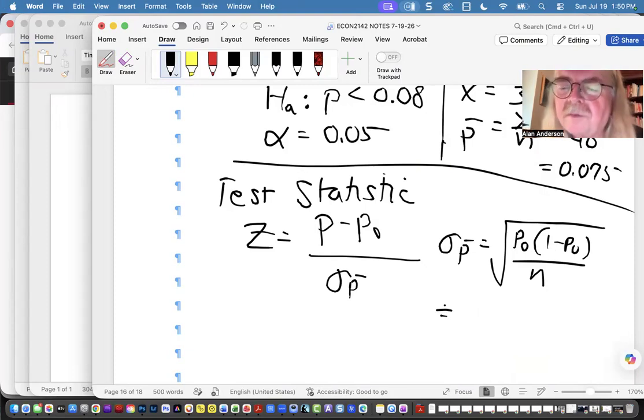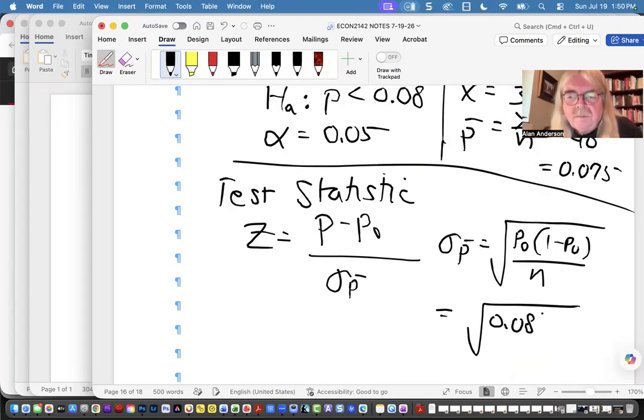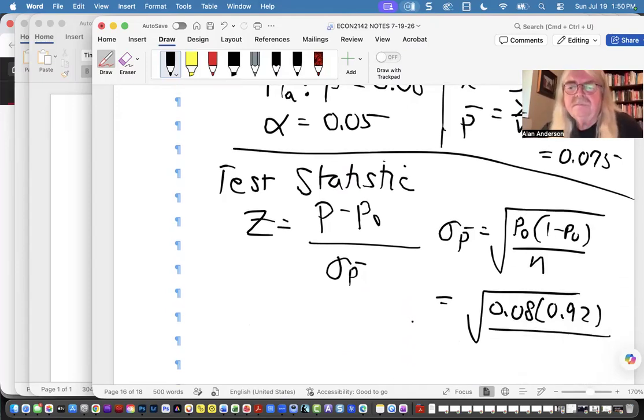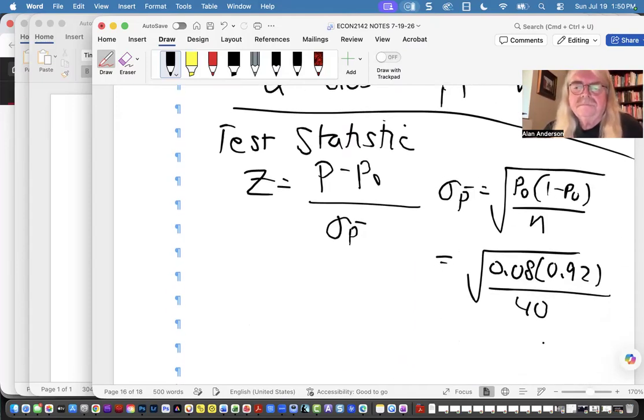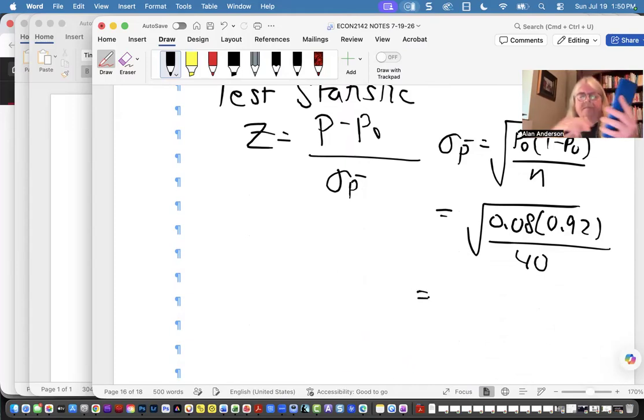All right, so remember, the hypothesized value is 0.08. One minus that is 0.92, and N is 40. All right, so we're going to get about 0.0429. That's close enough.